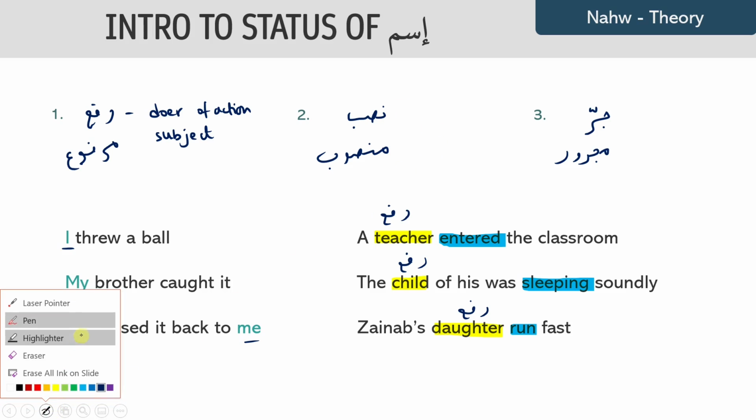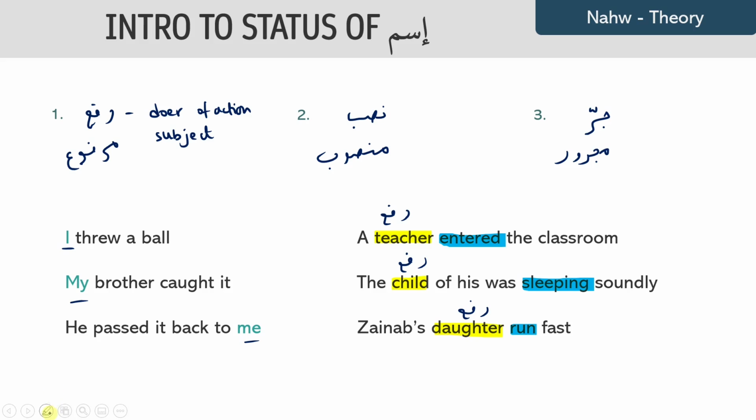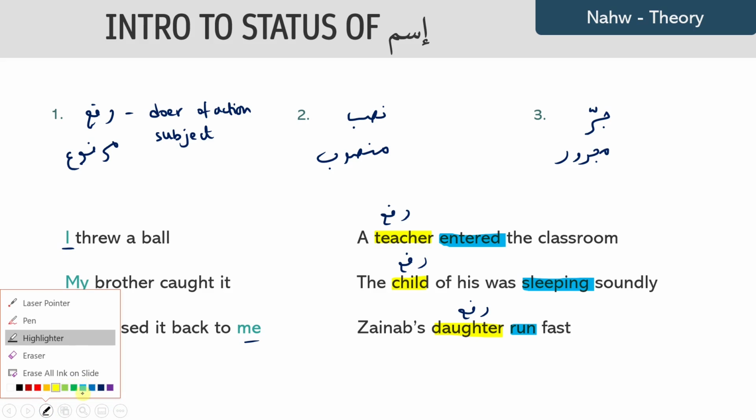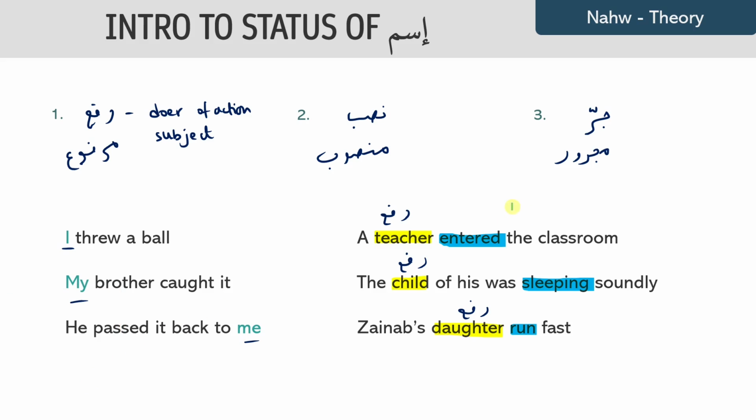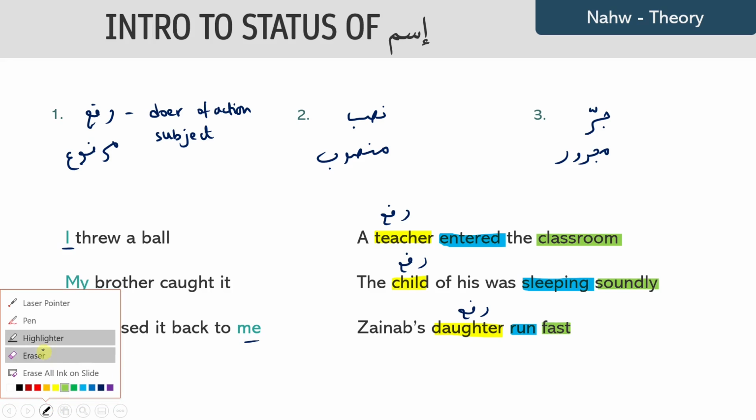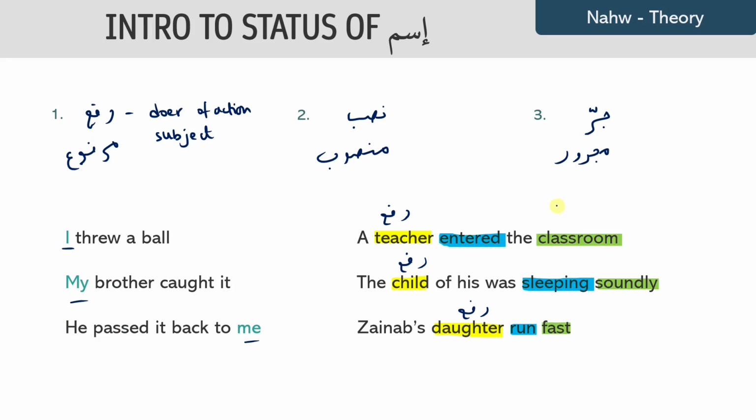Now let's have a look at other parts of the sentence. A teacher entered. What did the teacher enter? She entered the classroom. The child of his was sleeping. How did he sleep? Soundly. Zainab's daughter ran fast. How did she run? Fast. All of these things that I have highlighted answer a question about the fi'l.